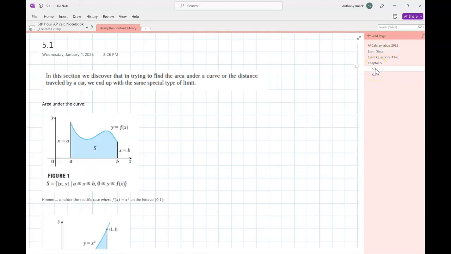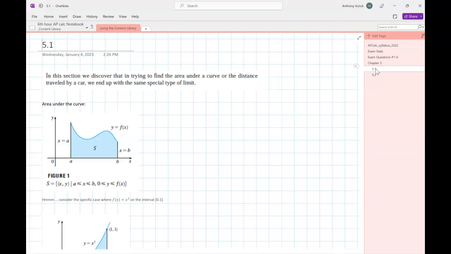So we're just going to dive into chapter 5 here, the start of chapter 5. Your standard first year calculus course is divided into 2 separate halves. You have differential calculus, which is what we did first semester, that focuses on the derivative.